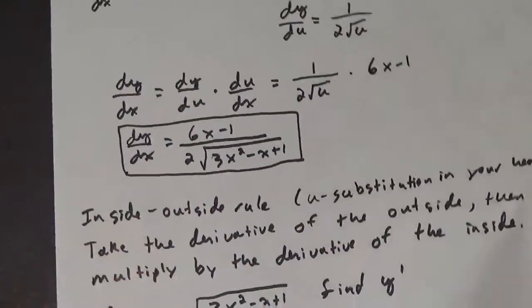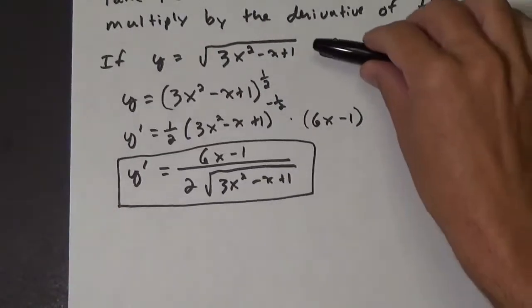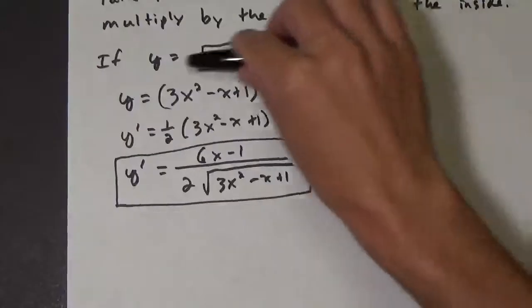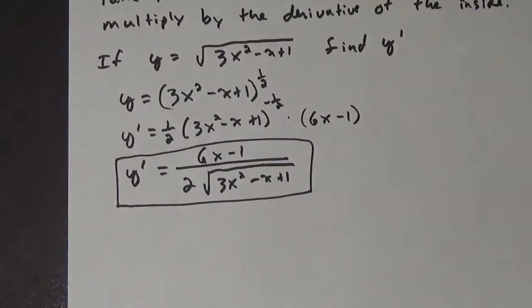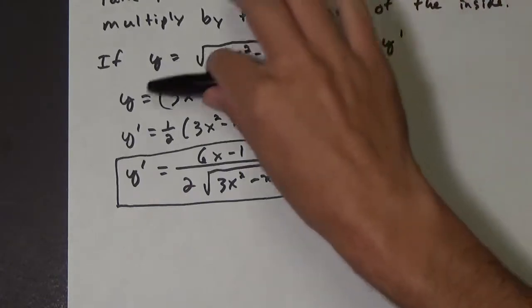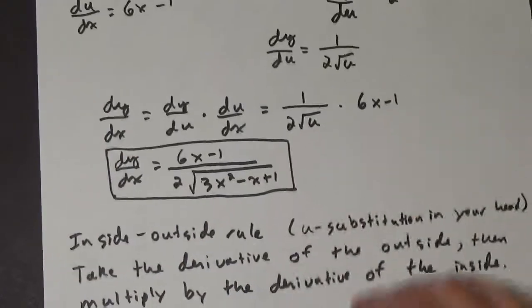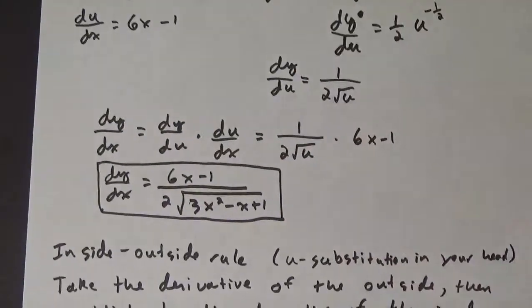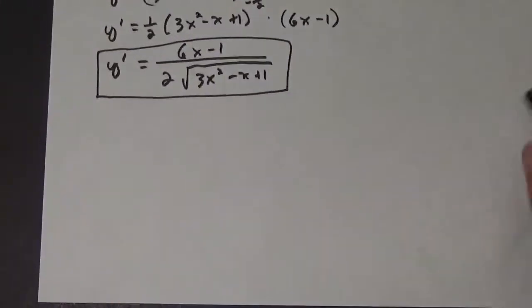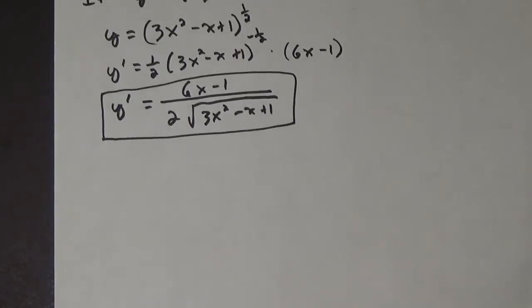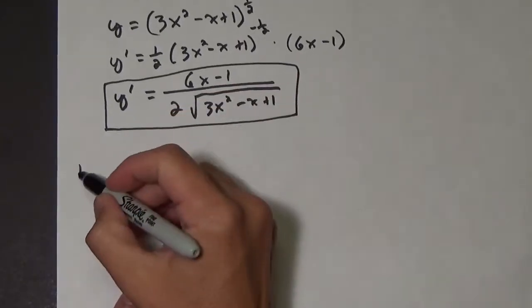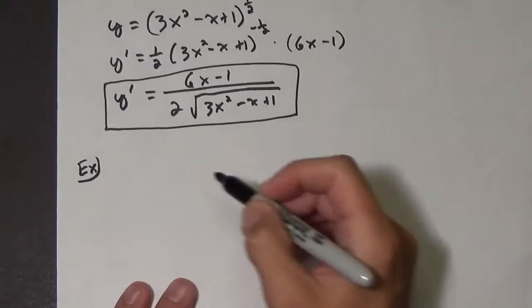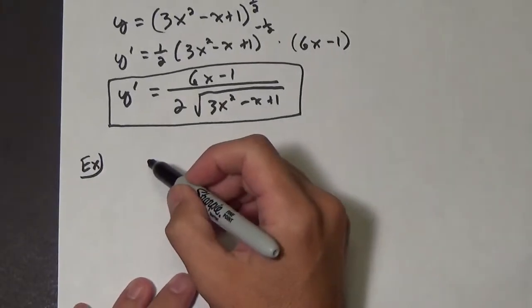But I would say over time, you need to be able to do this, the inside-outside rule, because you do want to be able to find the derivative quicker than going through this whole process. But if at first you need to use that, that's fine, just to get understanding. All right, let's do one more derivative in this video and see if we can use the inside-outside rule without using u substitution first.